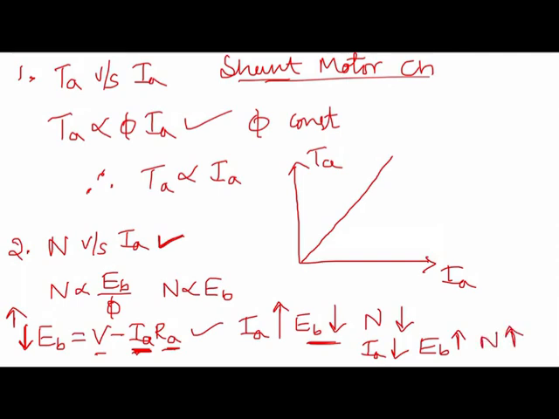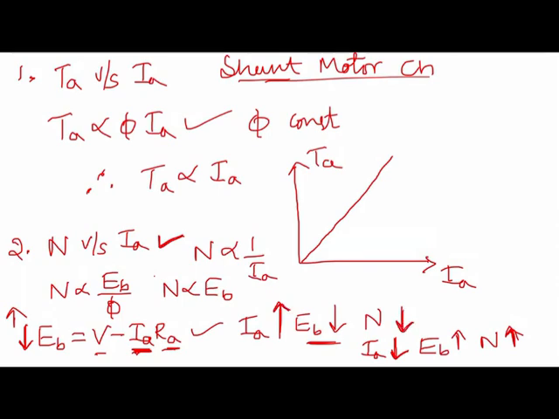So we can say that speed N and IA are inversely proportional. If IA decreases, N increases, or if IA increases, N decreases.